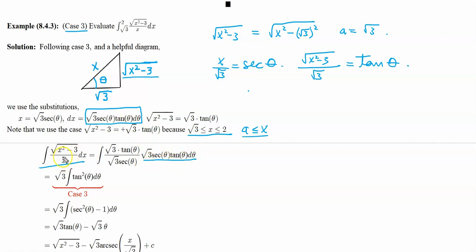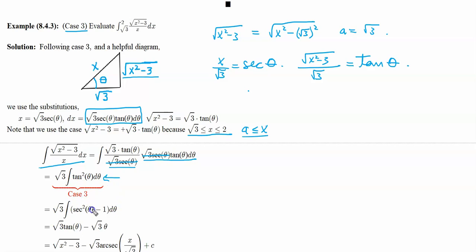And then the x in the denominator, that is root 3 secant theta, and right there it is. All right, now let's simplify this and evaluate it. So notice we have some cancellation here. And so we end up with root 3, bring that outside, and we have the tangent squared theta then. So we end up with this.